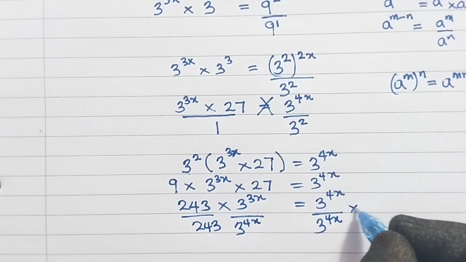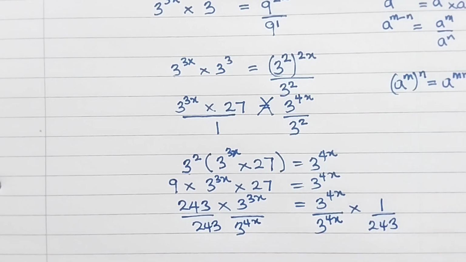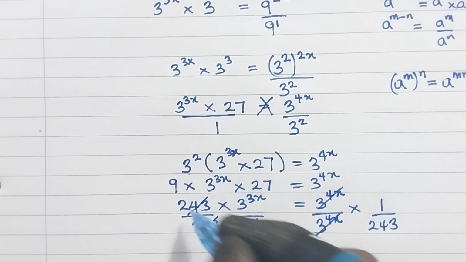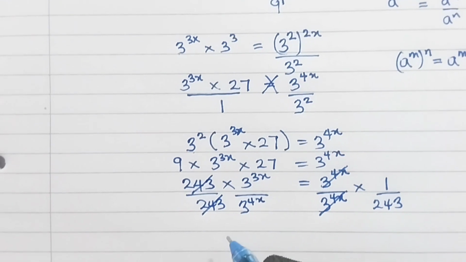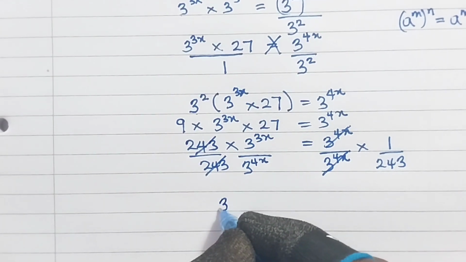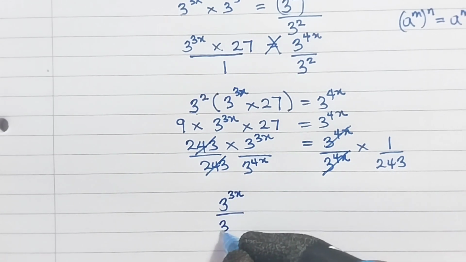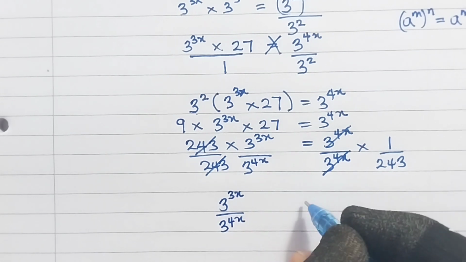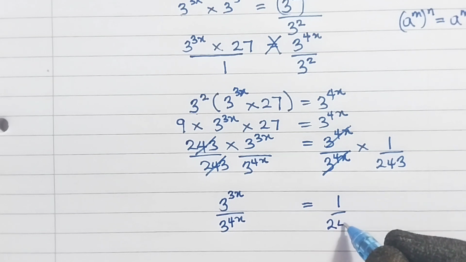This is like saying times 1 over 243. So that this is no longer on this side, and then this is also no longer on this side. So let me write what is left so we can clearly see what we are working with. Here now I have 3 raised to power 3x over 3 raised to power 4x is equal to 1 over 243.